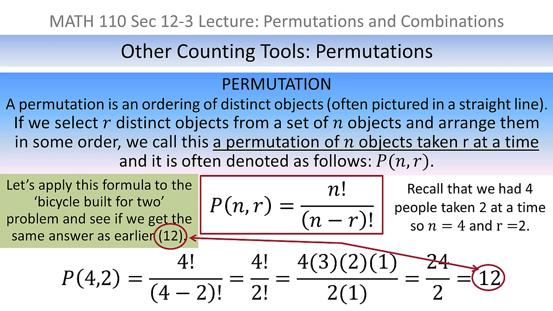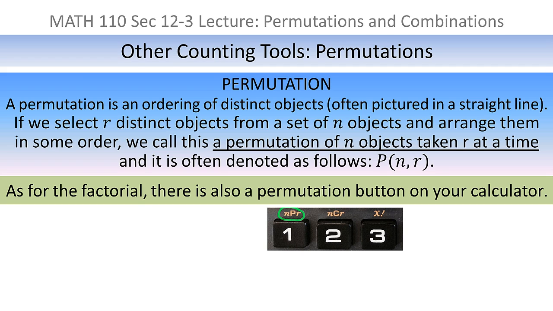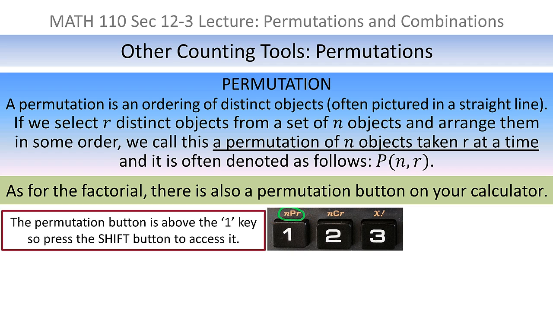So these brute force methods will work for small values of n and r, but when you get to large numbers, you really have to use the permutation formula for practical reasons, of course. Again, we're in luck. Not only is there a factorial key on our Casio, there's also a permutation key. And if you look on your calculator, it lies right above the number 1. So again, you're going to have to hit the shift key to get to it. But otherwise, it's a very straightforward process.